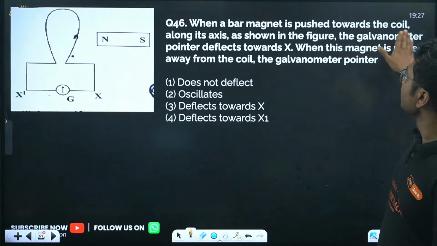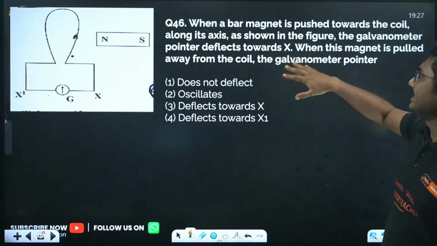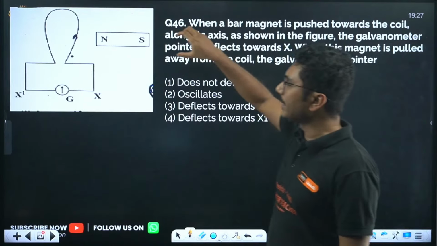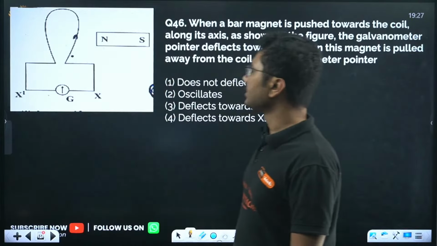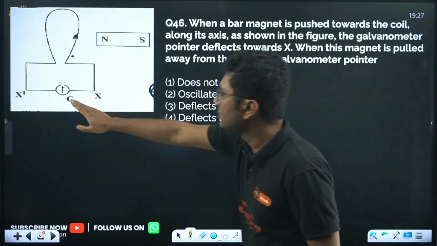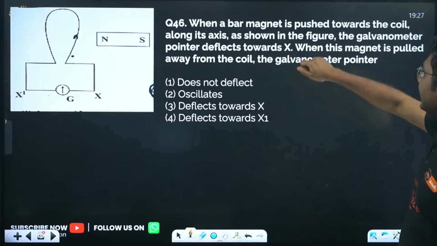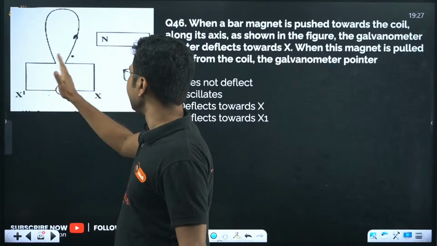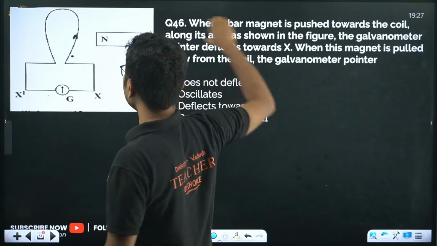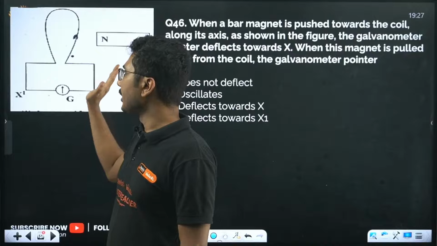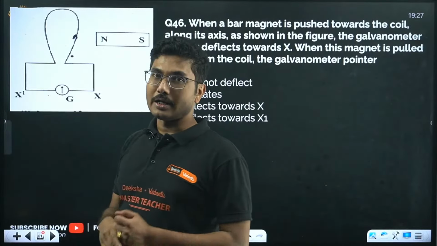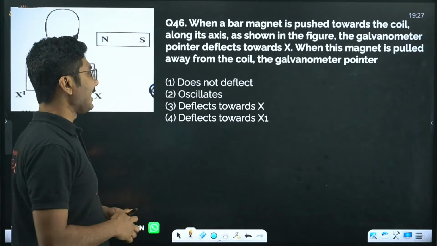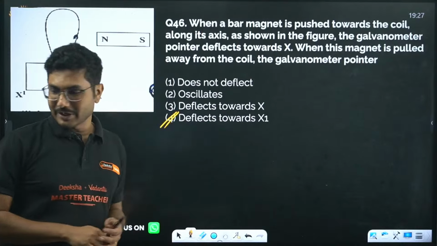If you are pushing the magnet towards the coil, the deflection happens towards X. When the magnet is pulled away, it will be in the opposite direction. You are pulling it away, that means according to Lenz's law, it will try to prevent it. That means it has to give a magnetic field in the opposite direction. That means it will be X1. Okay, easy question, very easy question.